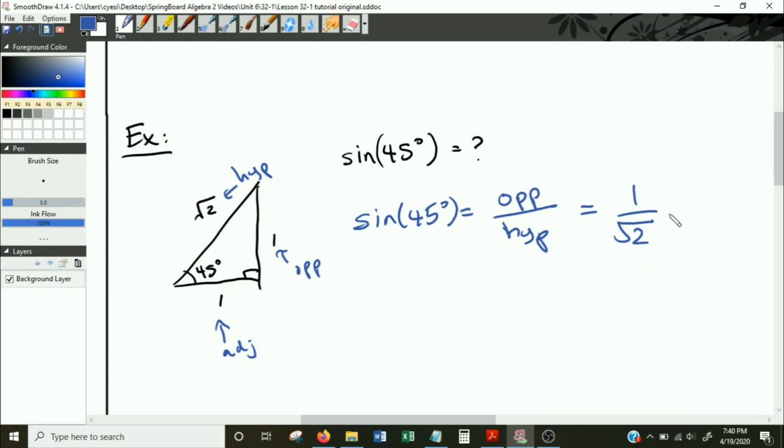And if I plug this into my calculator, let's see what I get. I get 0.707. So that's how I know what sine of 45 is, by using opposite over hypotenuse. You could do the same thing with cosine. In this case, it would be the same as sine of 45.